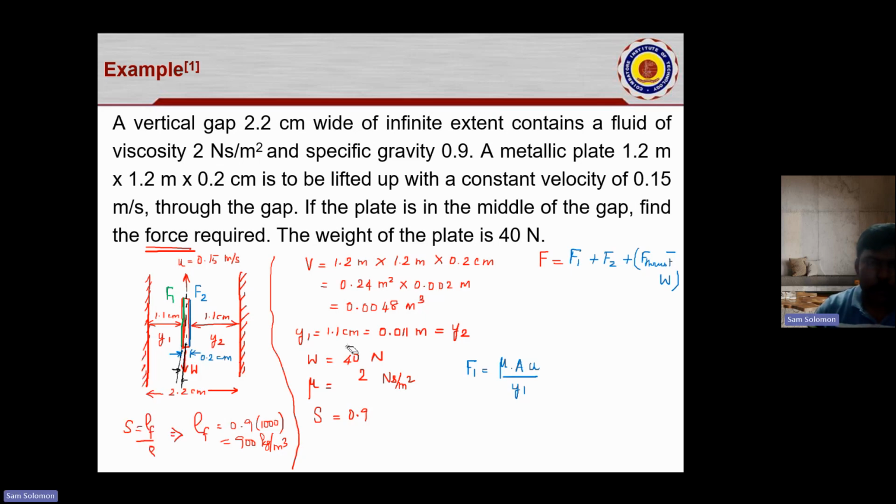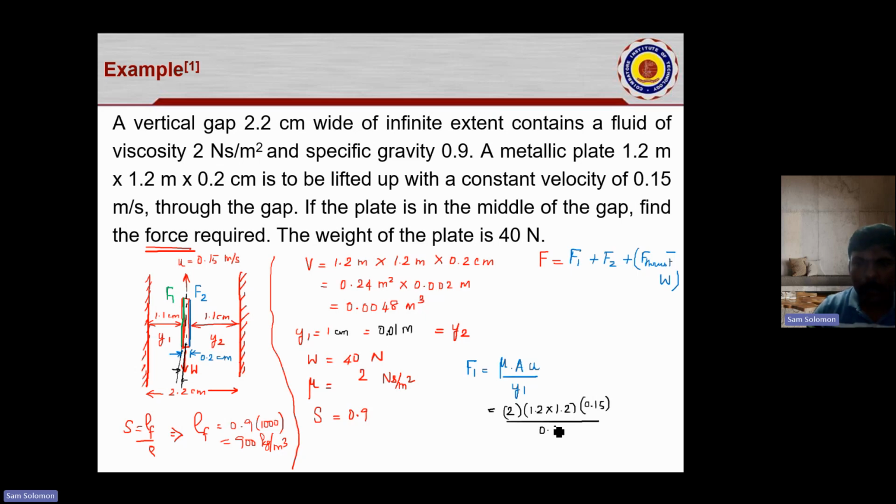So this is going to be 1 centimeter. Sorry, it's 0.01 meters. So if we substitute the values over here, mu is 2, the area is going to be 1.2 by 1.2, the velocity is given as 0.15, and Y1 is 0.01 meters.